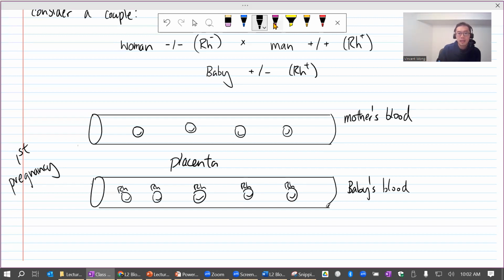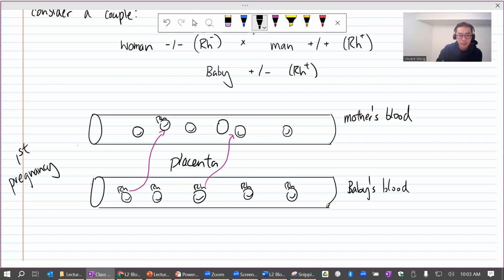What happens is the baby's blood is going to be able to cross the placenta and go into the mother's blood, but only if the placenta is damaged. It's not going to get damaged for certain, but it certainly could happen. But when it does, the baby's blood is going to go into the mother's bloodstream.